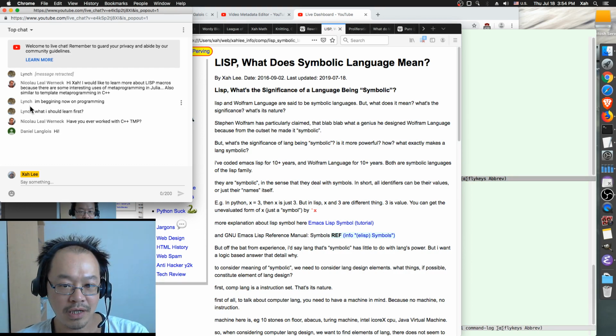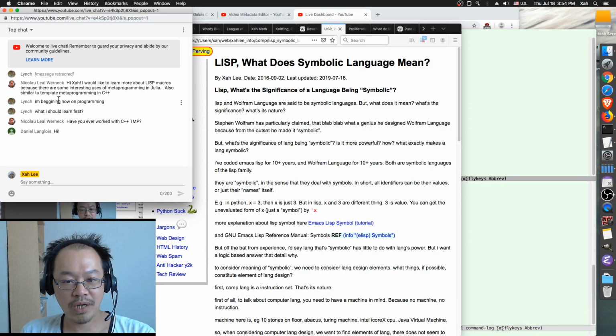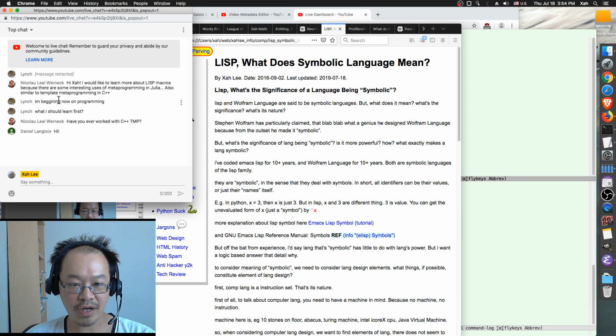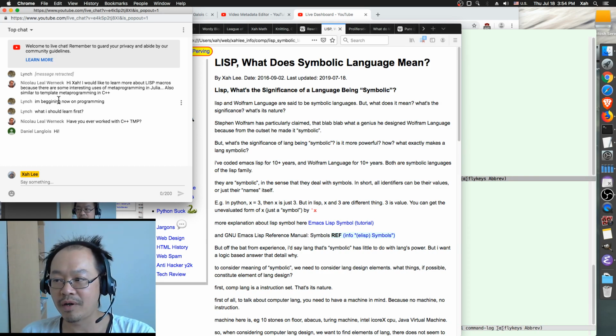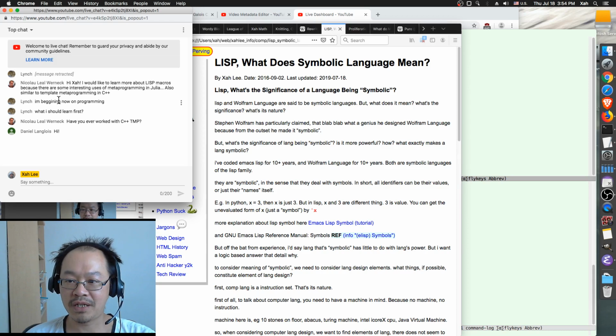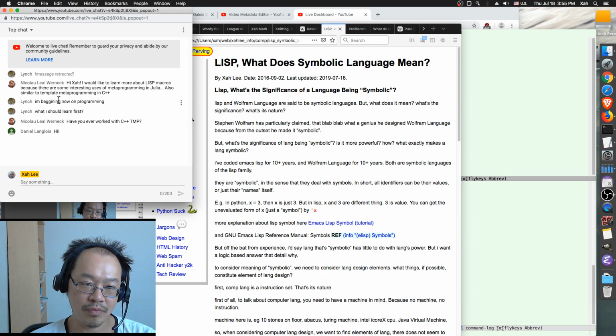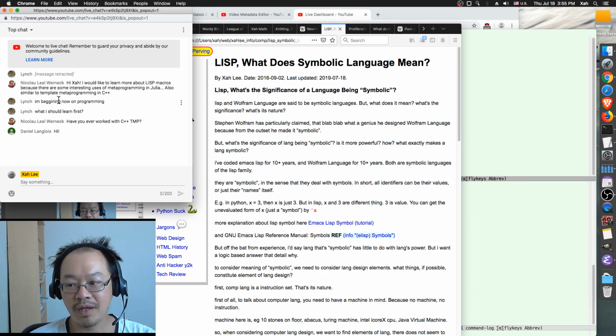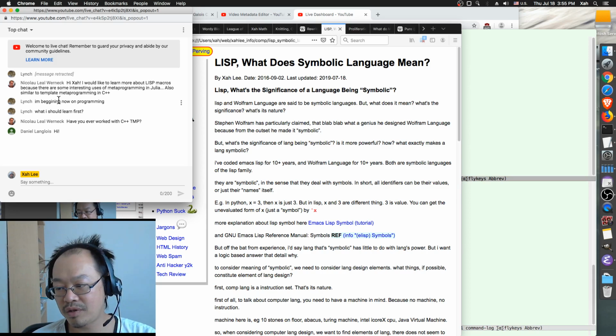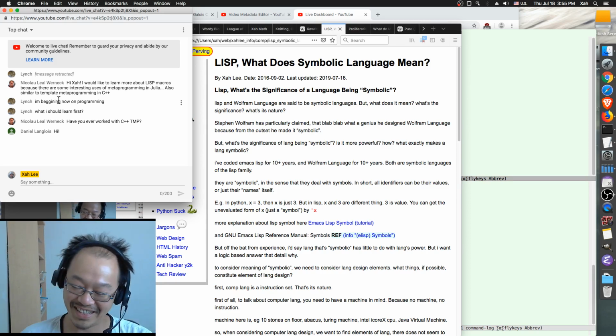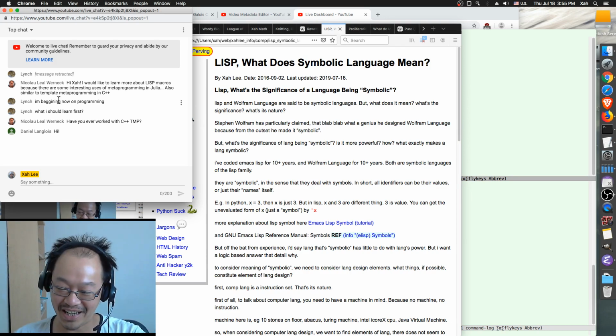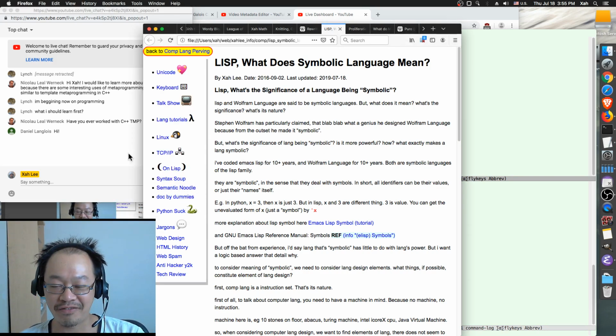So anyway, Lynch is beginning to learn programming. What should you learn first? If you are normal, the primary thing you would be concerned with is being able to find a job with the language. In that respect, Python is good to learn. Golang is good to learn as a first language. If you ask this question to different people, they will give you different answers, depending on which language they are a fan of.